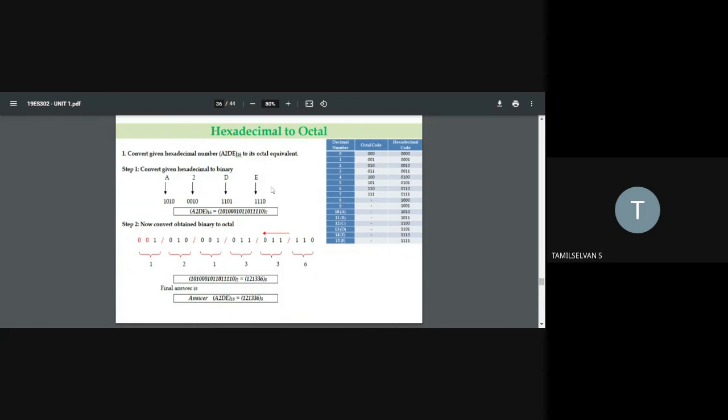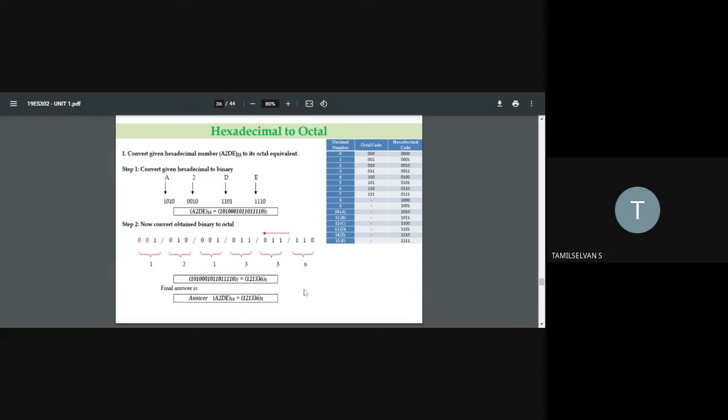In our logic, the final conversion is an octal number, so I can choose only 3 digits in the binary number. Okay, so 011 and 110, and so on, right? So 001 is 1, 010 is 2, 001, 011, 011, 110 is 6. Okay, so this is the equivalent octal value for the hexadecimal number by the use of binary numbers.